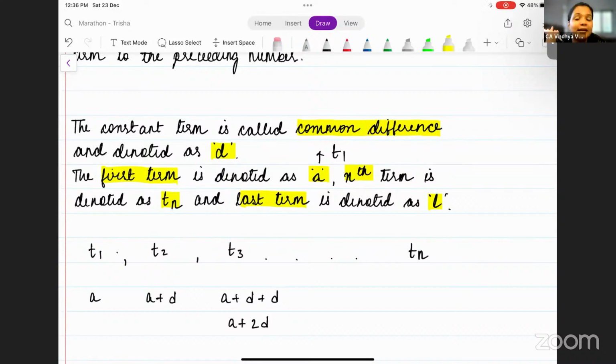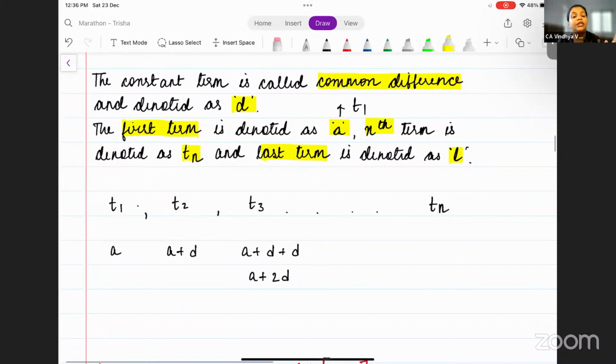If I say a series has 100 terms and I want you to find the 50th term, your n will be 50, but the number of terms is 100. So Tn and the last term are not the same.